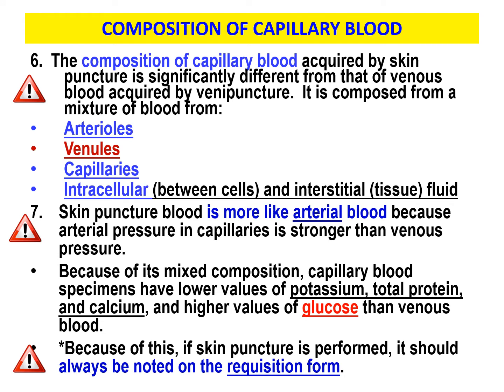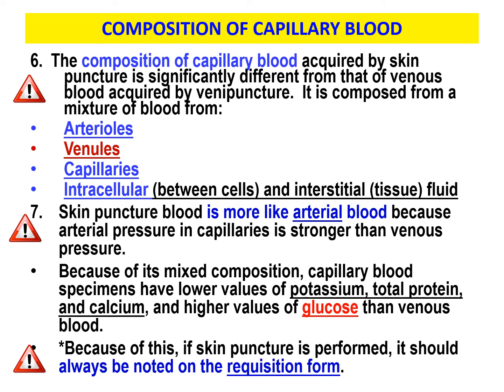And remember that capillary blood is a mixture of the blood from your veins and venules and your arteries and arterioles that all come down to those capillaries, right? So remember that between the cells is that interstitial fluid. That's why we always wipe away that first drop of blood.